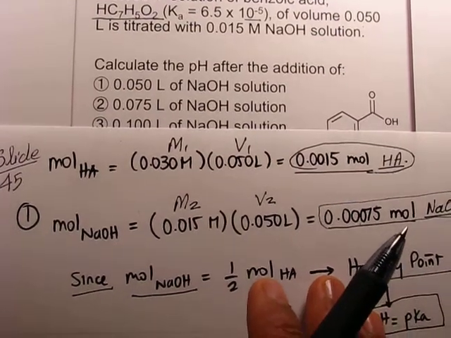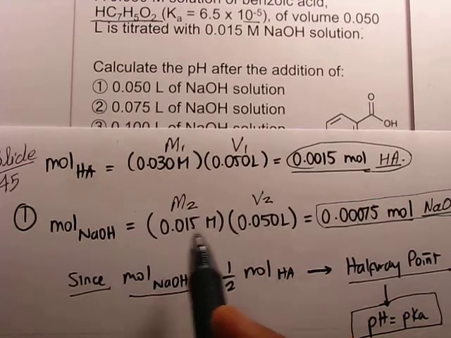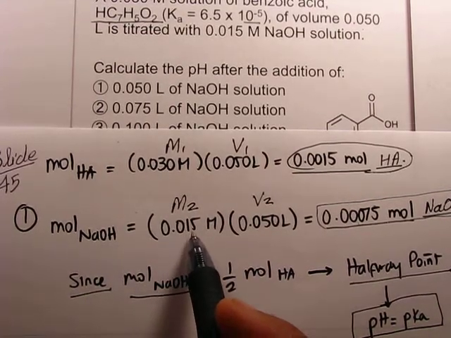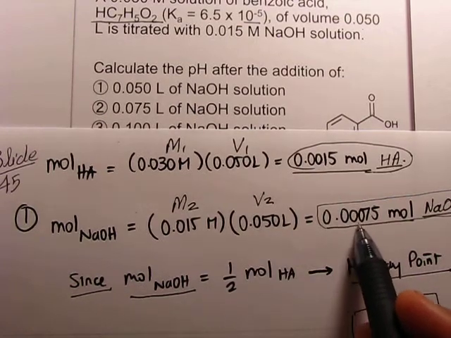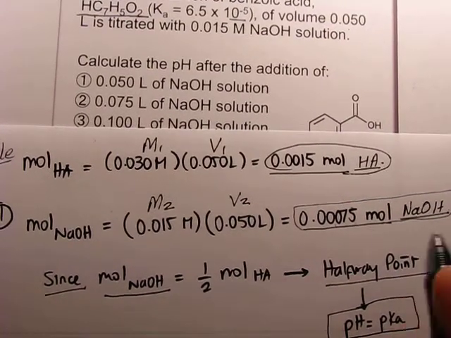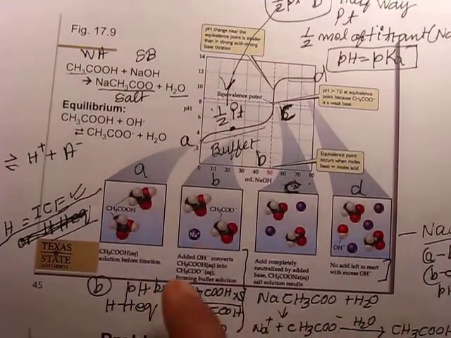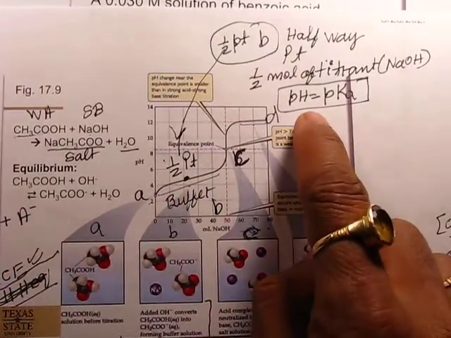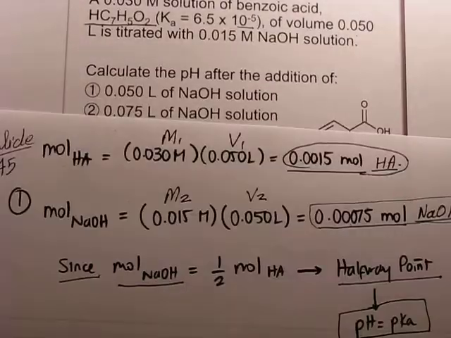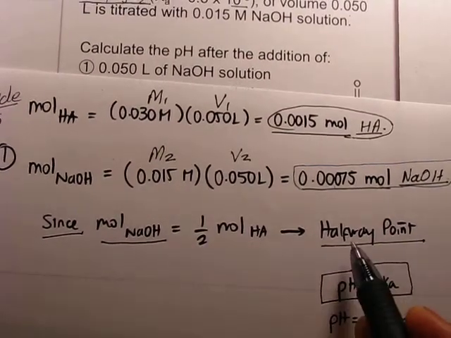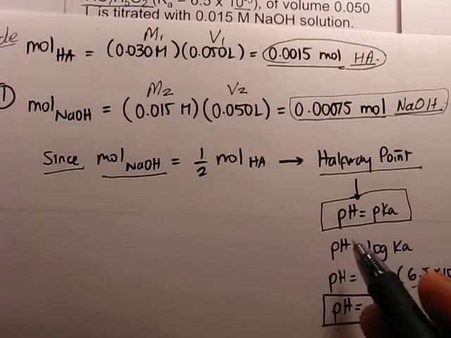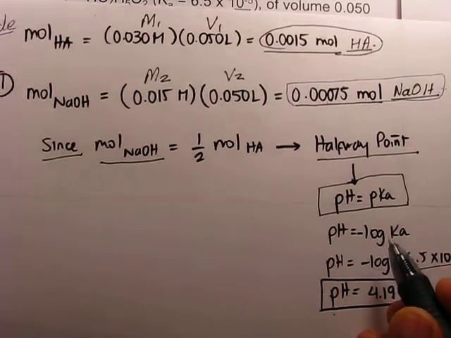How many moles of NaOH are we going to add? M2V2, 0.015 multiplied by the volume, so basically it is half. In the previous slide we saw that at the half point, pH is equal to pKa. Since we have half the moles, we are at the half point, so pH equals pKa.